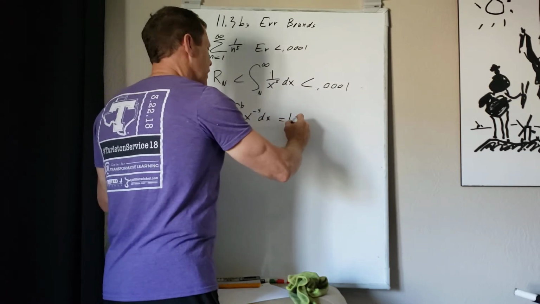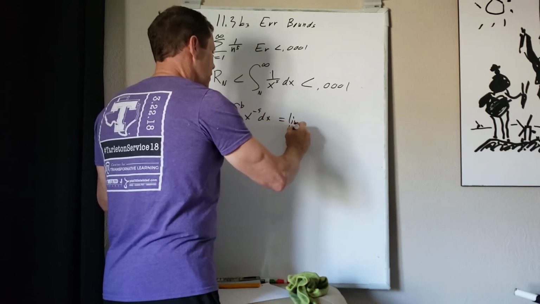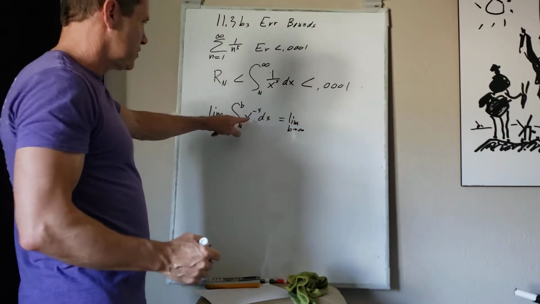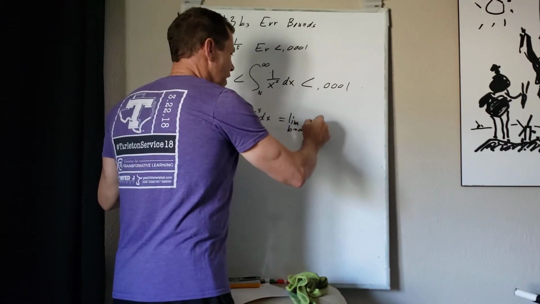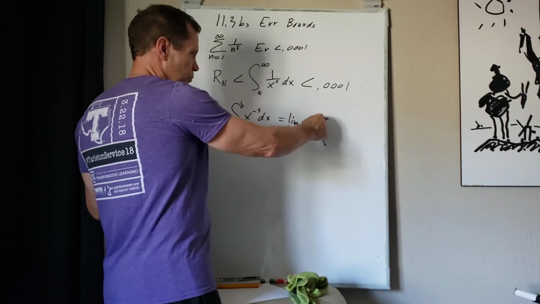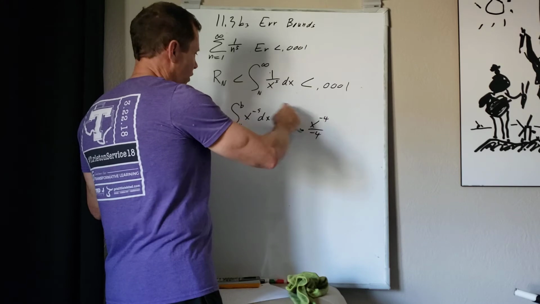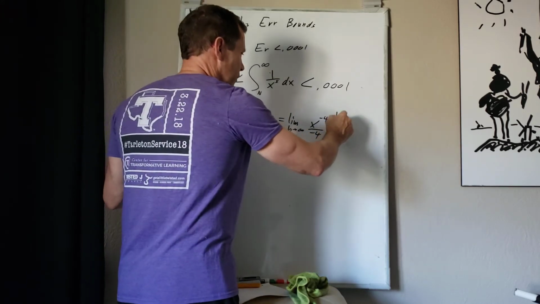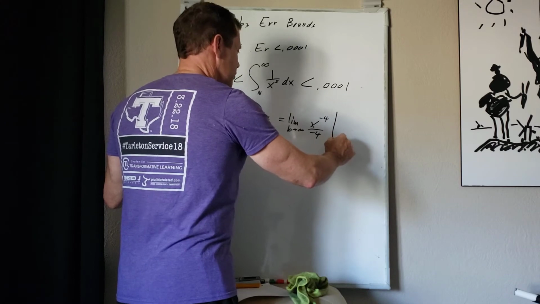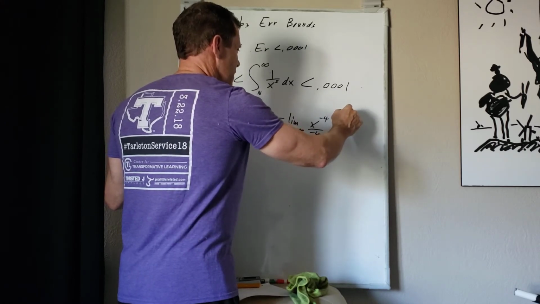What's that going to be? Add 1 to the minus 5, you're going to have x to the minus 4, and divide by minus 4. Does that work? Multiply by minus 4 and we kill that guy, take 1 off, get a minus 5. Yes, that's the proper antiderivative for the improper integral. And it's going to be evaluated from N to b.